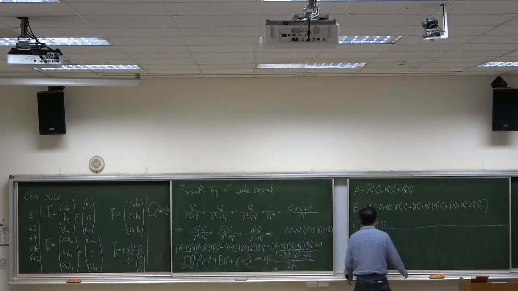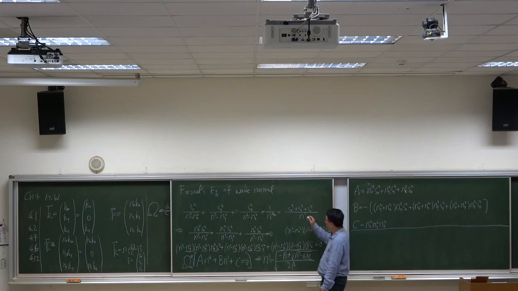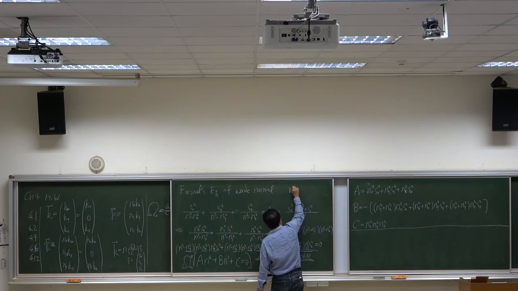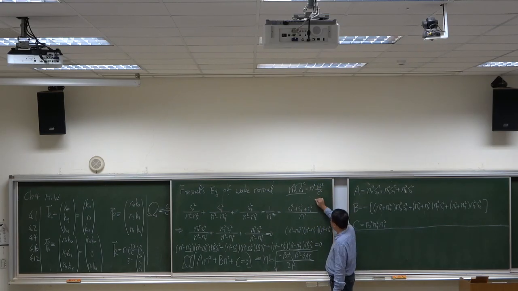Okay. And know that when we encounter n squared times omega squared, this is just n squared times omega squared over c squared, and this is nothing but k squared.